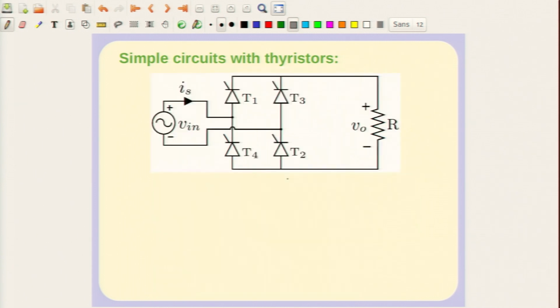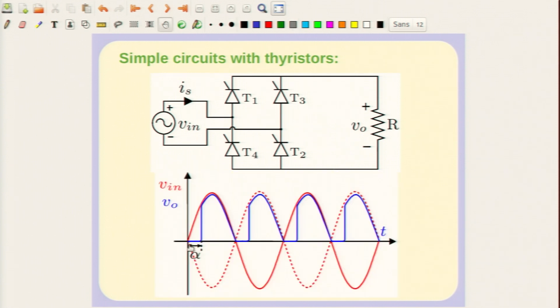If you look at this, this is a thyristor bridge rectifier, and you will see the waveform looks like this. If you have an R load, the voltage and current waveforms are identical, but if it is an RL load, then depending on the RL time constant, the current may continue for some time.